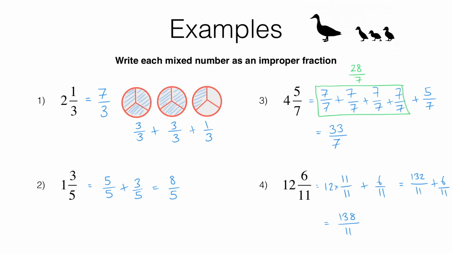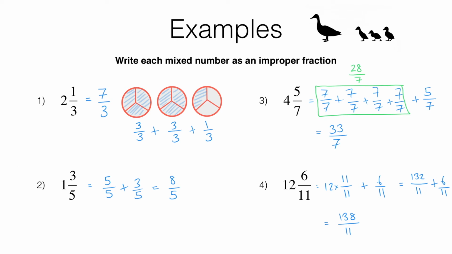Back to question 1, we did 3 times 2, which is 6, plus 1 gives you the 7, the numerator of your improper fraction. In question 2, we could have done 5 times 1, which is 5, plus the 3 to get 8, and that would be the numerator of our improper fraction.